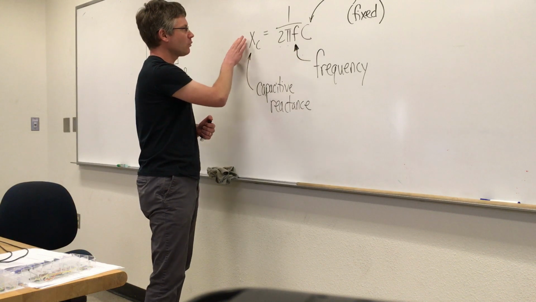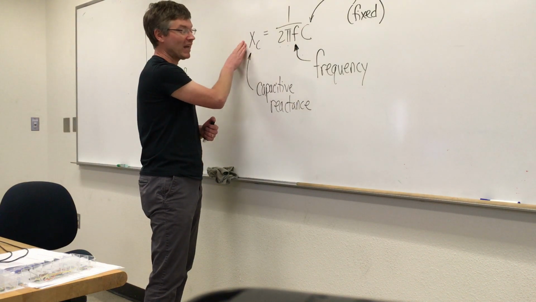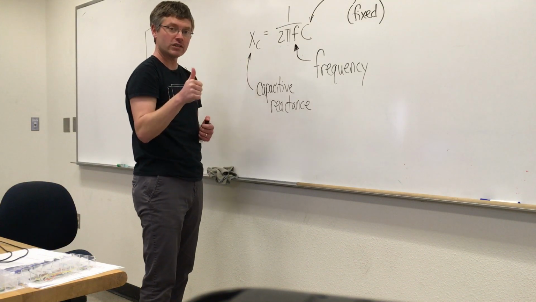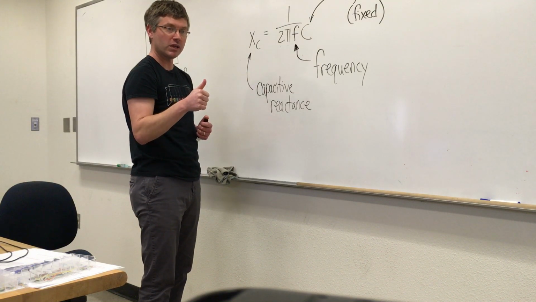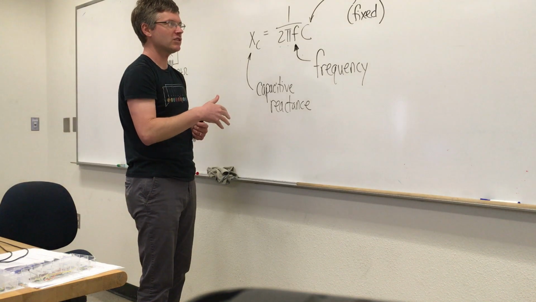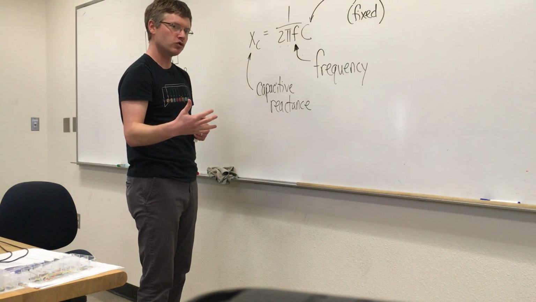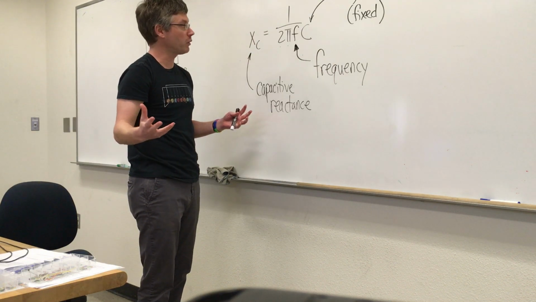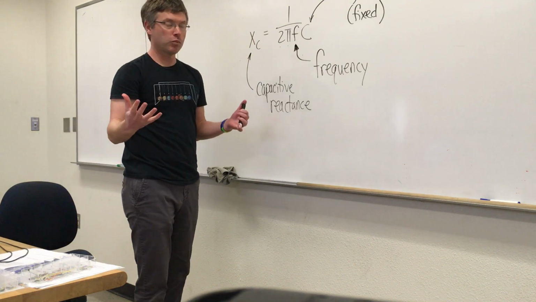That means we're going to get a larger capacitive reactance, or apparent resistance of the capacitor. Great, that checks out with what we were seeing on the oscilloscope, because at low frequencies only a portion of the voltage was dropping over the resistor, and the rest of it must have been dropping across this apparent resistance of the capacitor because of the loop rule.